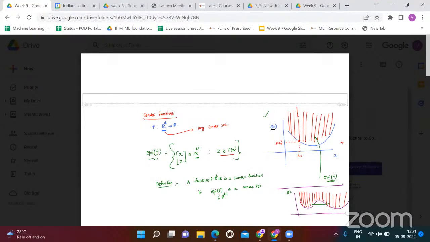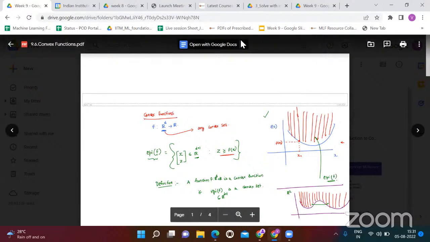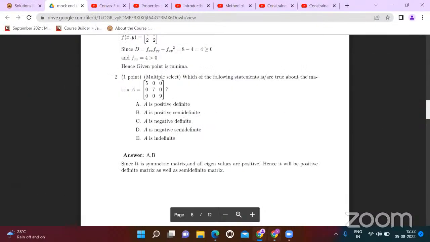But sir, in positive semi-definite, we have lambda either greater than 0 or equal to 0. And in positive definite, we have lambda strictly greater than 0. So if something is positive definite, then it must be positive semi-definite also.